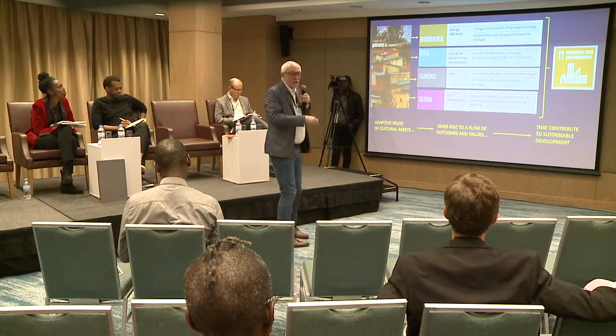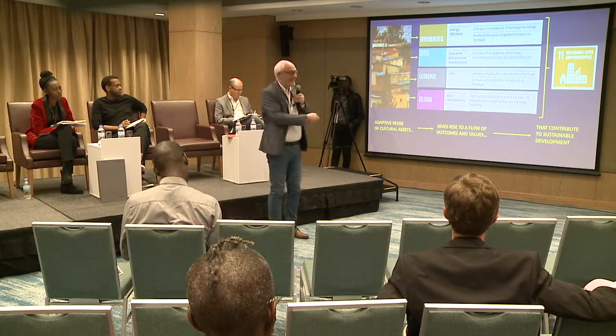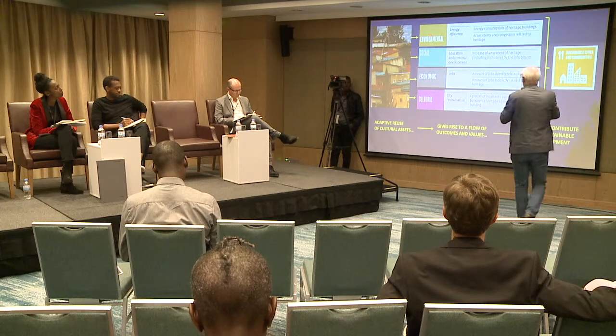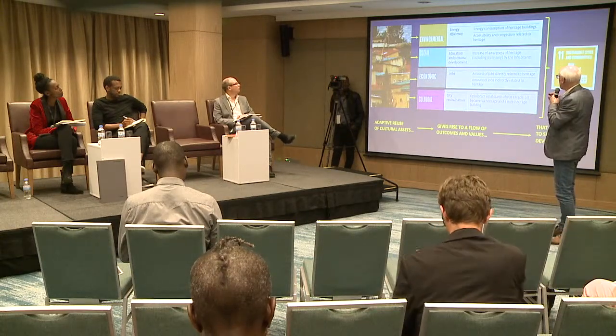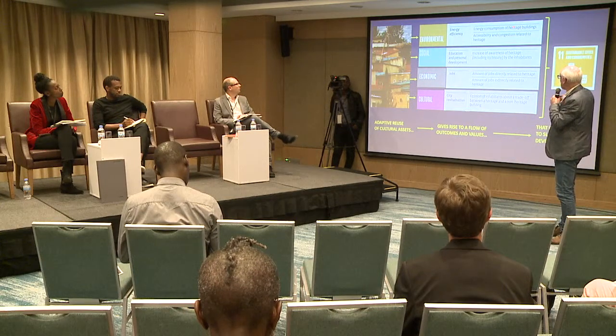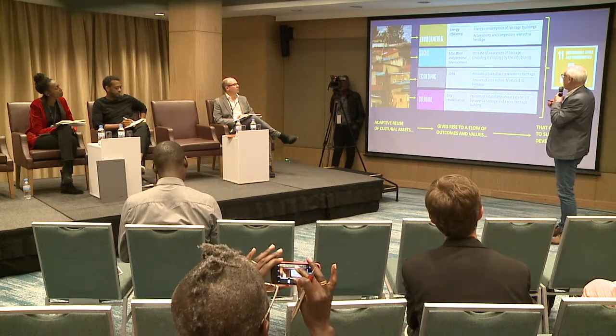I just take a very simple example with 1 criterion for each pillar. Environmentally, the energy consumption of a heritage building is better than that of a new building, and accessibility and congestion related to heritage are better than building a tower, which would bring some traffic issues there.